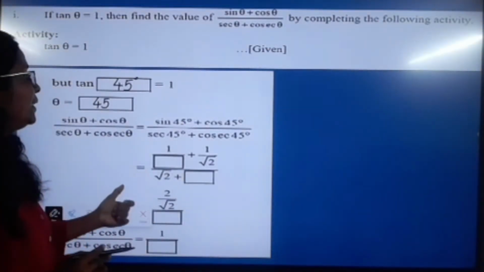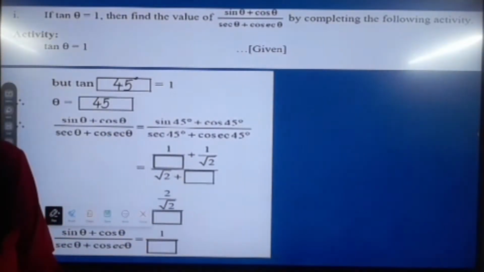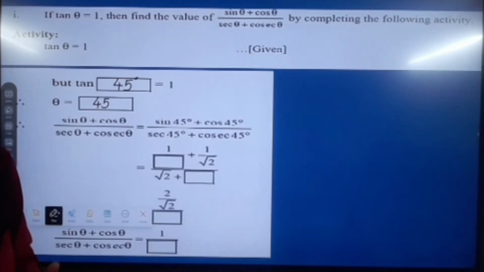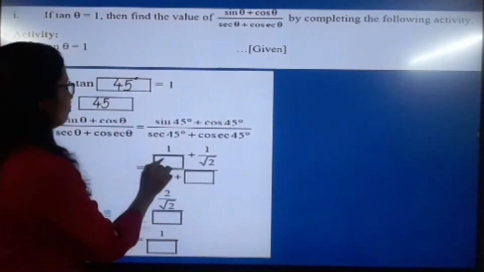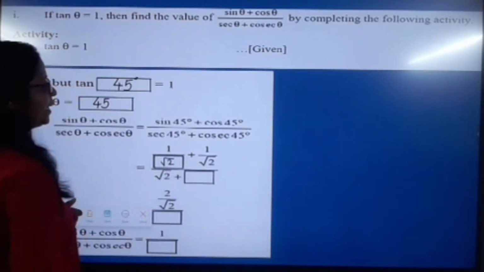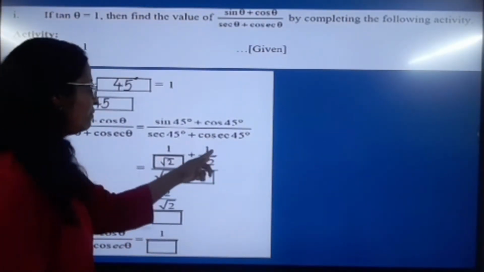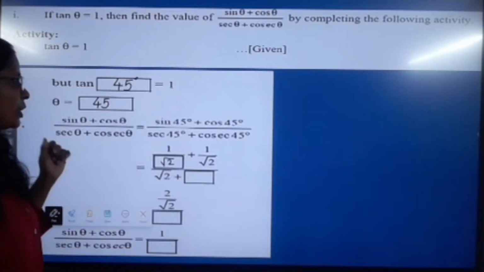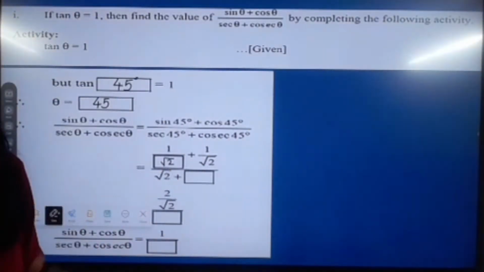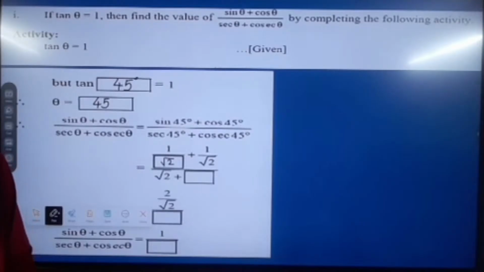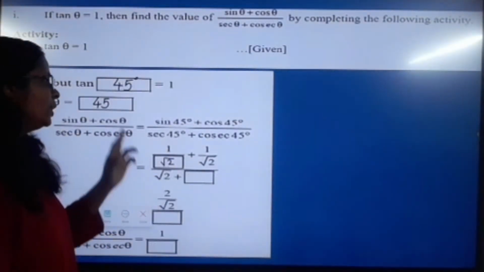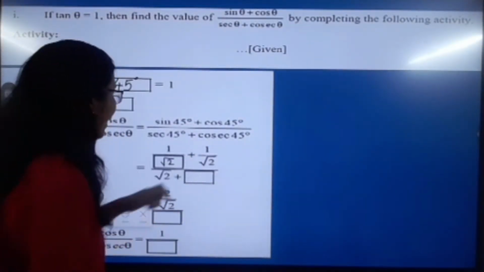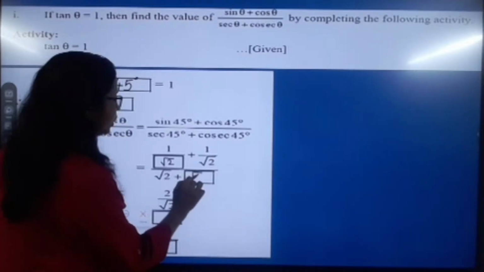Sin 45 degree will be 1 upon root 2, plus cos 45 is also 1 upon root 2, and sec 45 degree is root 2, and cosec 45 is also root 2.